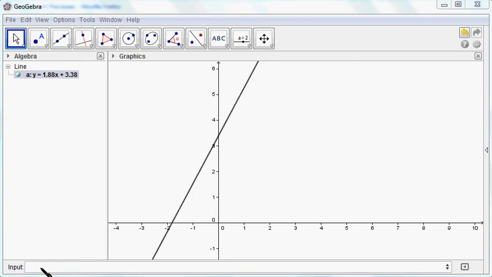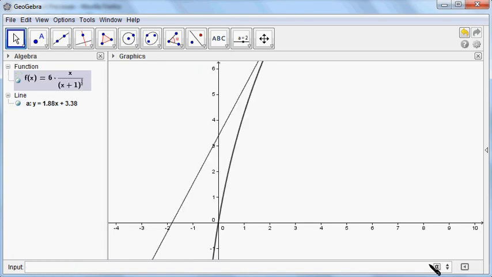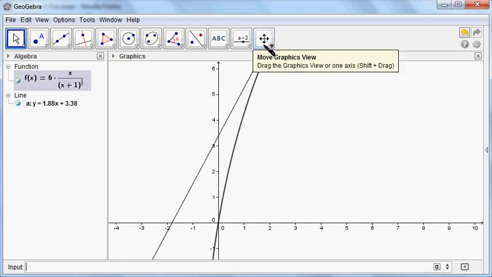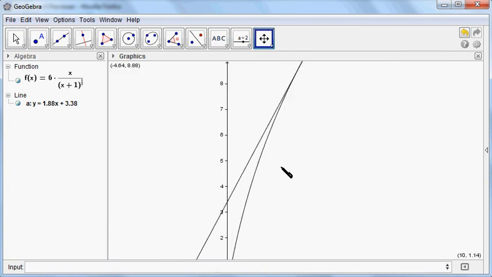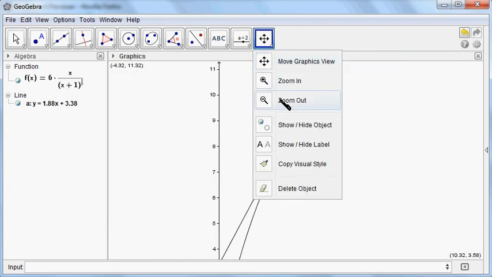The original function is y equals 6x over the square root of x plus 1, so x plus 1 to the 1/2 power. Then hit enter. It's a little hard to see, so I'm going to move the graph a little bit and zoom out.